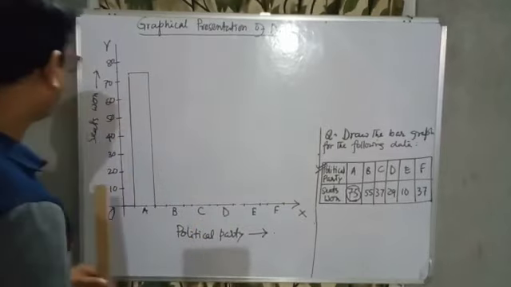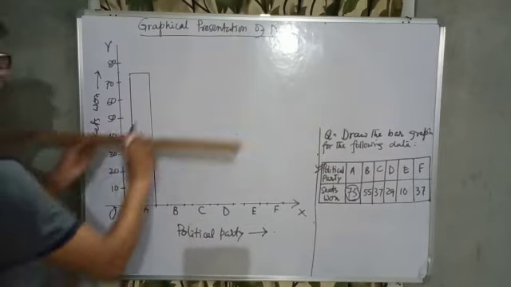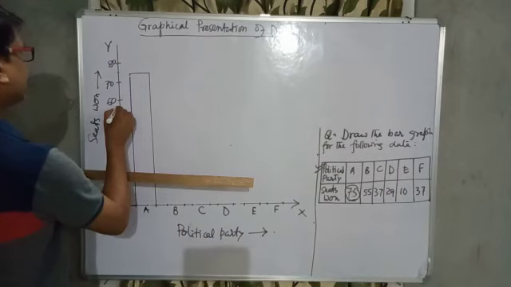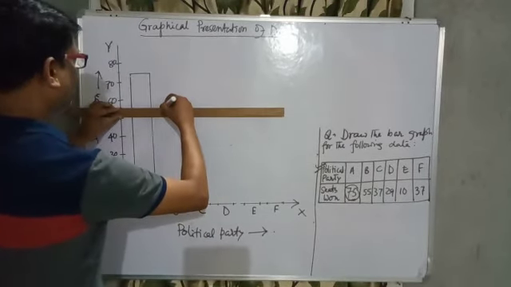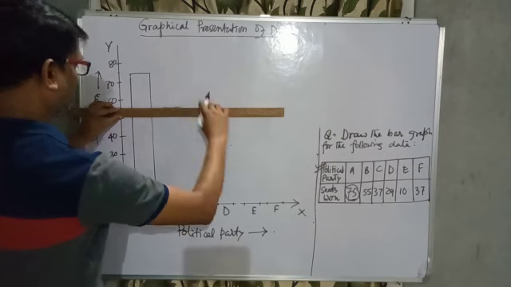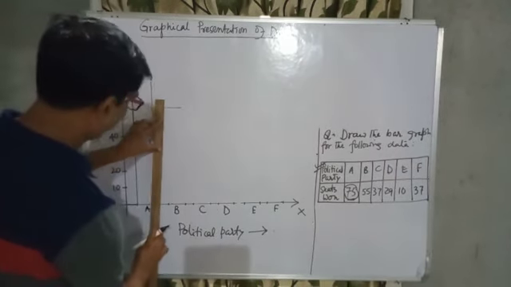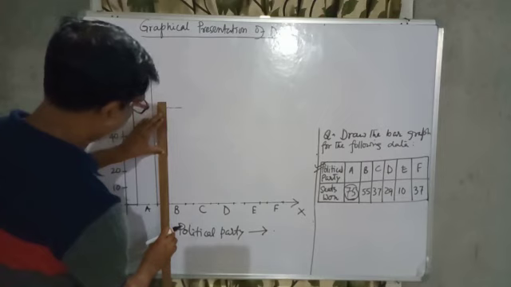Next, B is 55. 55 means between 50 and 60. This point is 55, and we can mark it here, then it will be easy to find. Political party B is 55.